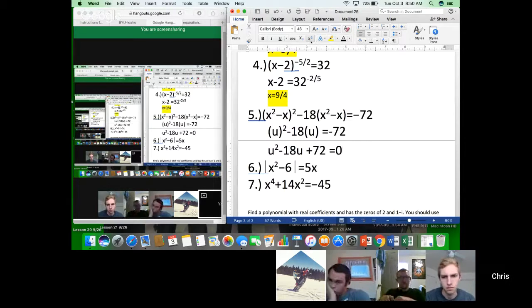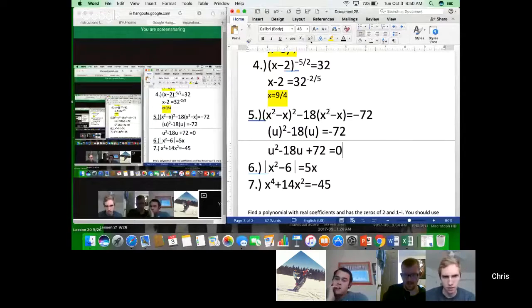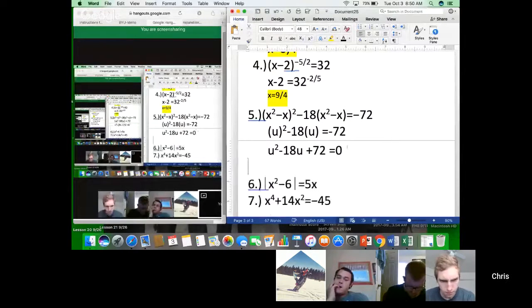And then the two numbers are -6 and -12, to multiply together to get 72 and to add together to get -18.